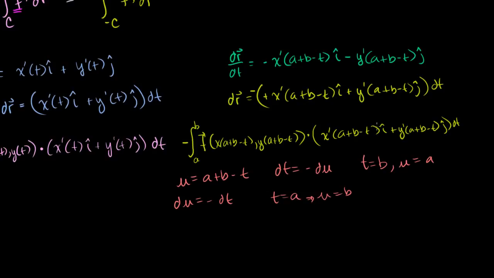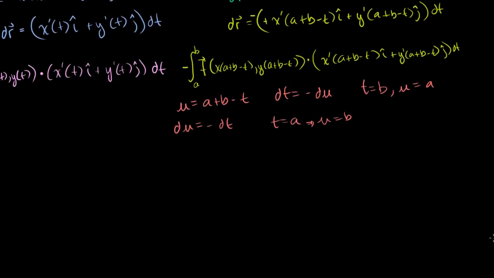So this thing, using that substitution, simplifies to, and this is the whole point, minus the integral from, when t is a, u is b, when t is b, u is a.